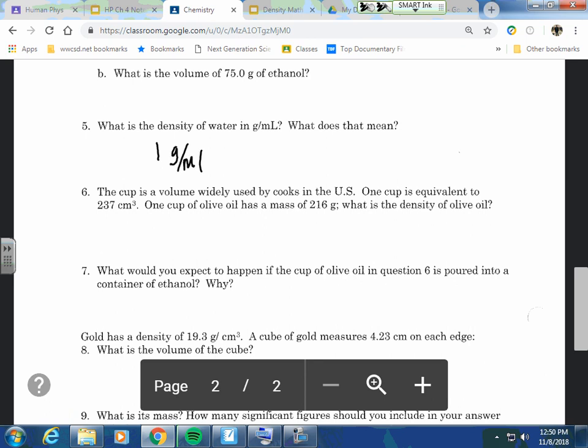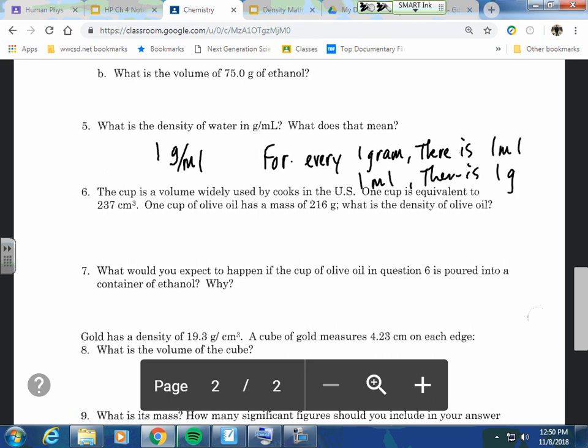What does that mean? For every 1 gram, there's 1 milliliter? Could you say it the other way around? For every 1 milliliter, there's 1 gram. Yep, same thing.